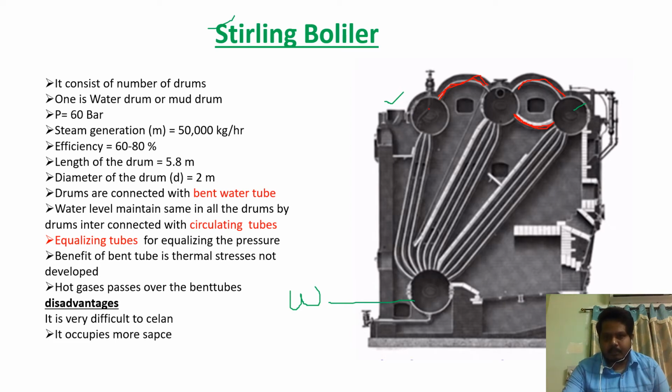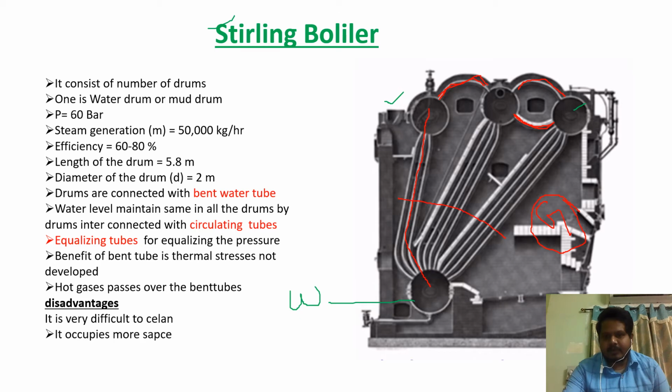Here from this drum the feed water will enter into the water drum. Here in this space there will be a grate. As we know, the function of the grate is where fuel will burn. After burning the fuel, it will generate hot gases.